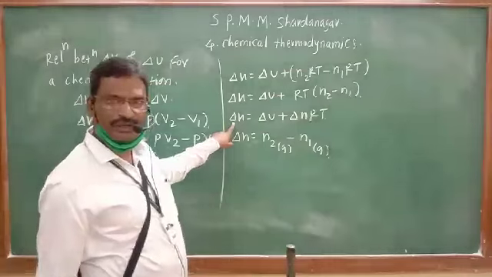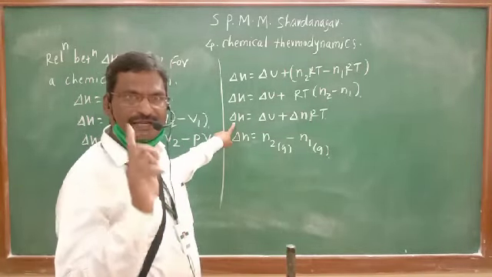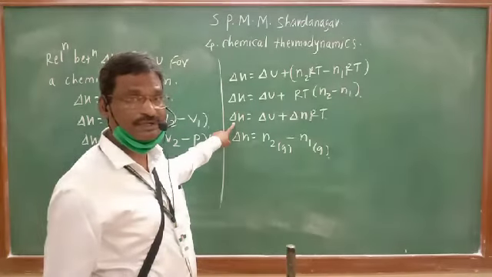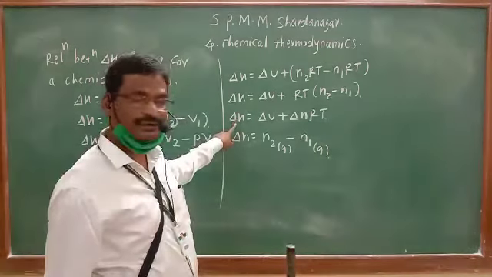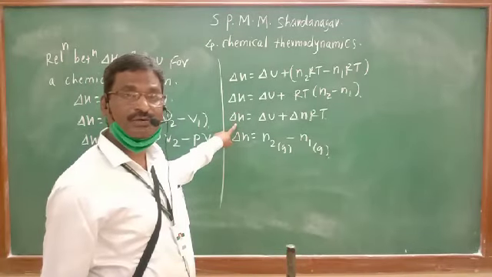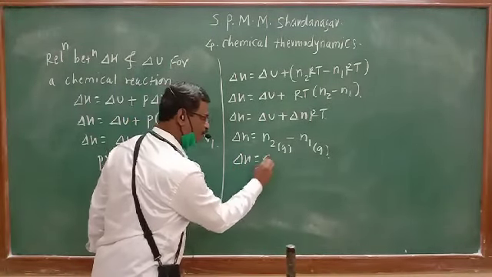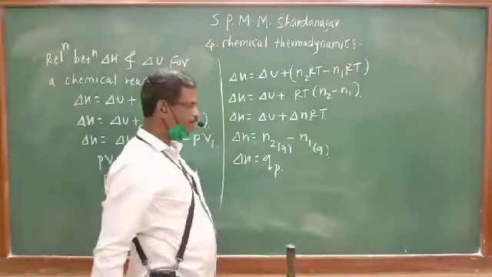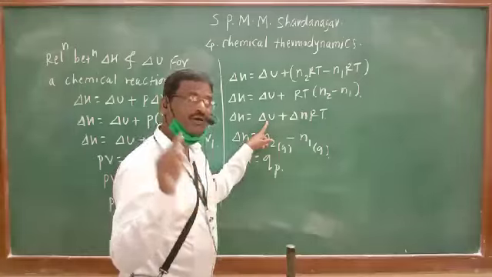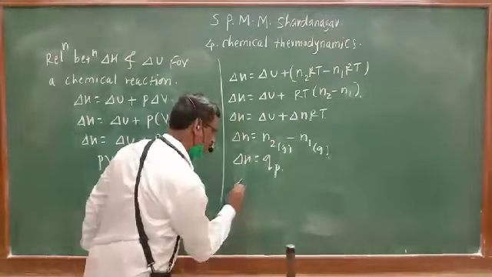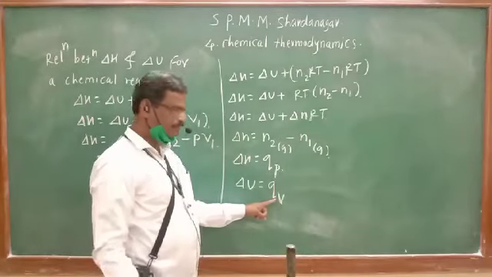Delta H is known as heat of reaction at constant pressure according to first law of thermodynamics that we have studied. Delta H will be equal to Q at constant pressure, and delta U is known as heat of reaction at constant volume.